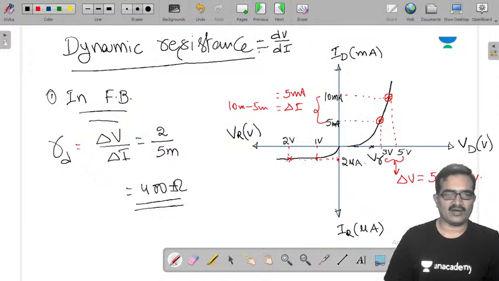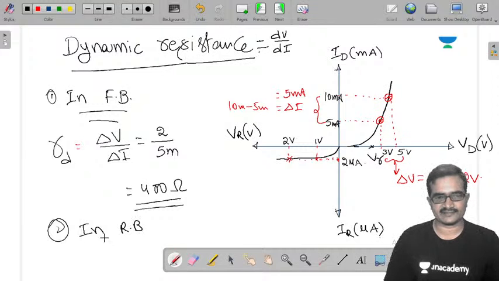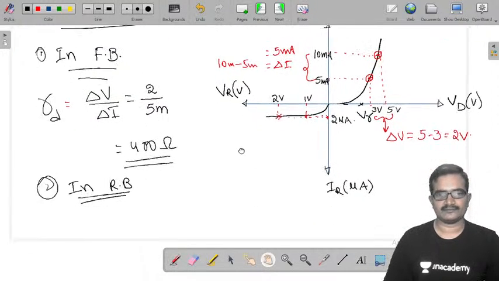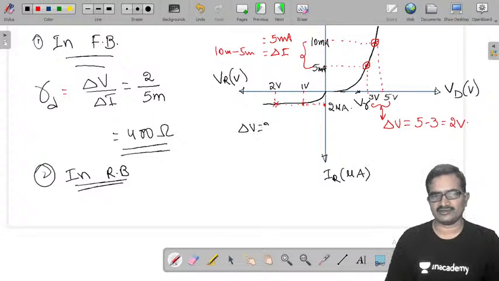Okay, now we check the same in reverse bias. In reverse bias, here delta V is 1 volt, 2 minus 1, 1 volt, but delta IR, or delta I, is 0, because I naught is constant.